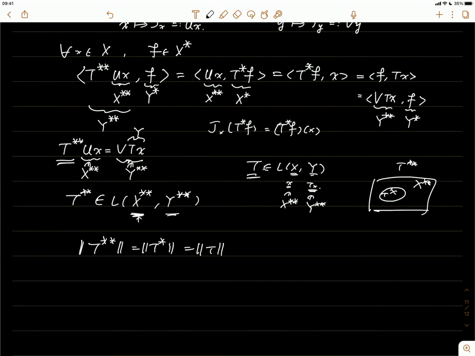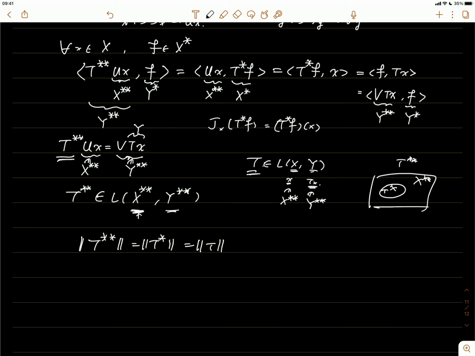So what we know right now is our extension theorem, by using the Hahn-Banach theorem. We have a linear subspace X, which is a linear subspace of X double star, the bidual.